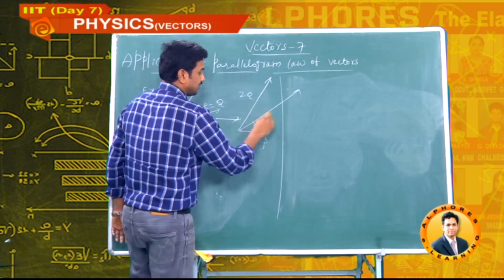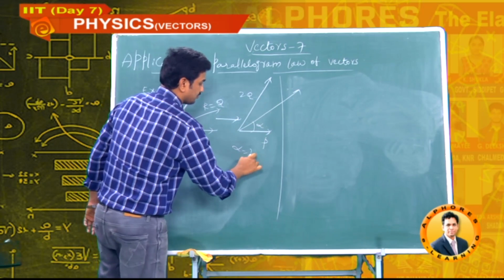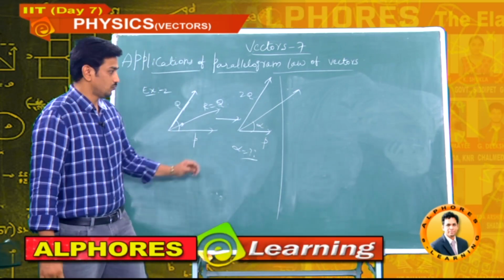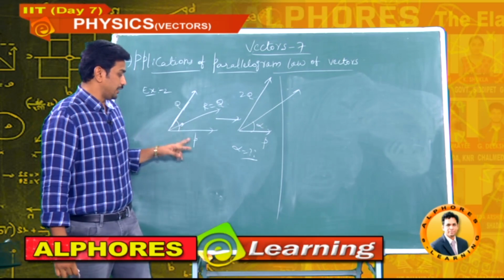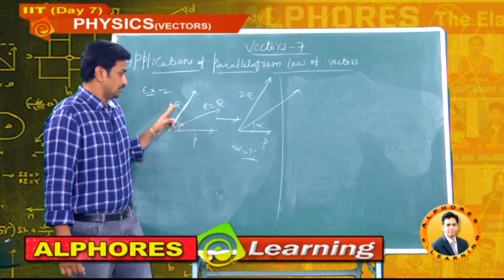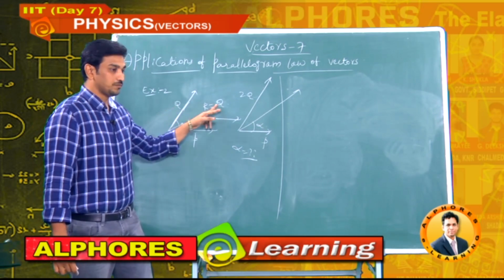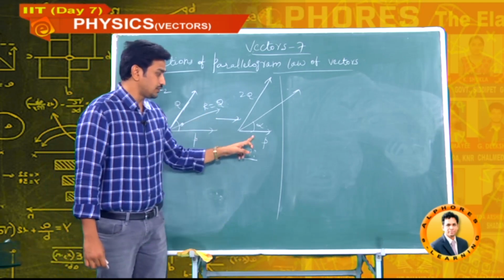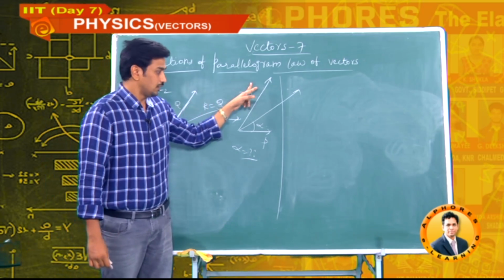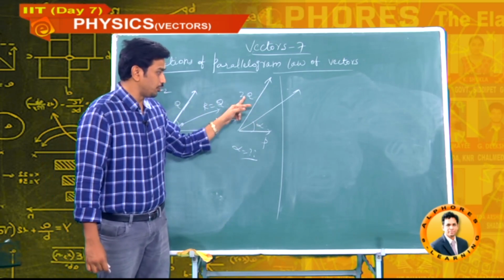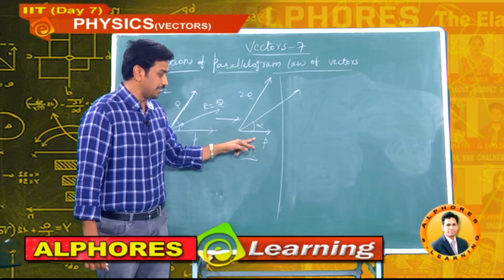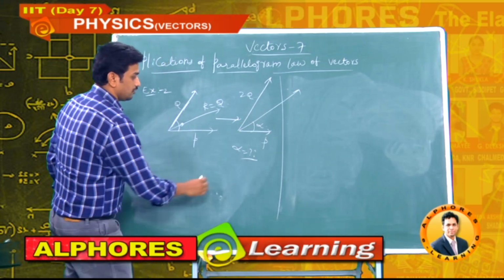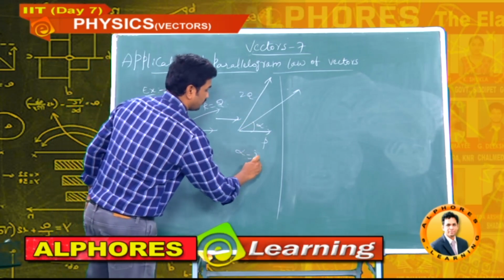What is this alpha they are asking? We should calculate the alpha value. Once again, two vectors P and Q, the resultant of P and Q is Q. Now they change it: P as it is, Q is double. Now the resultant of P and 2Q is making some angle with P.